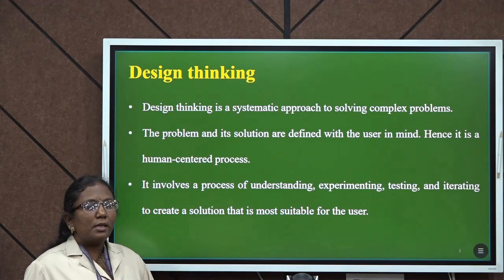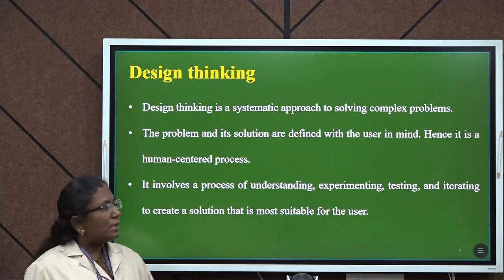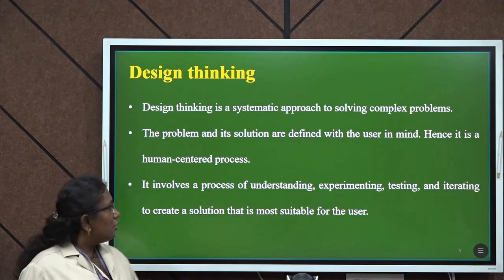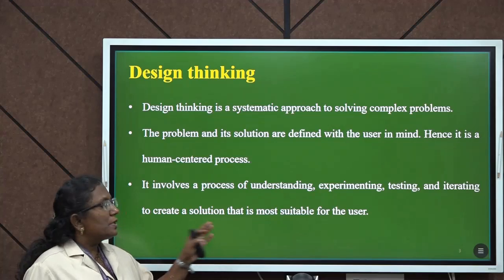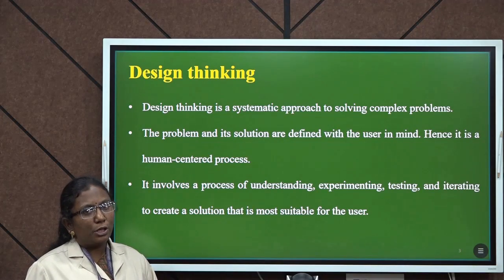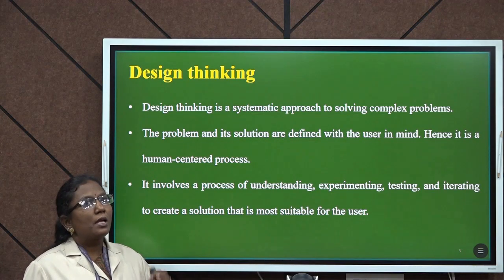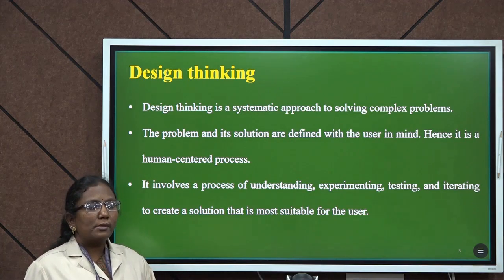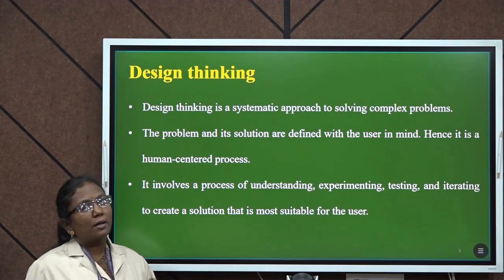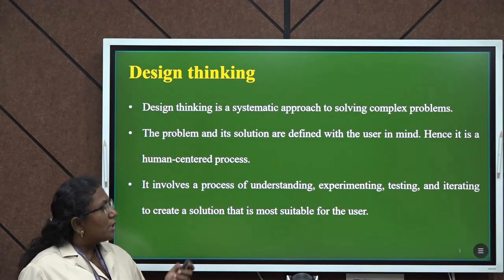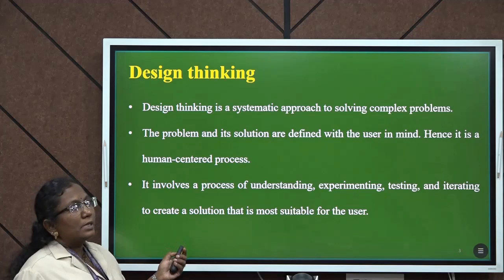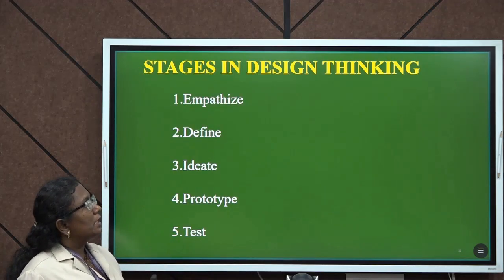Based upon the testing and the user feedback, we once again have to reframe the process. Hence it is an iterative process. Finally we get a clear solution which is most suitable for the end user or customers. So the design thinking process is a customer-centric approach, as well as a problem solving approach.